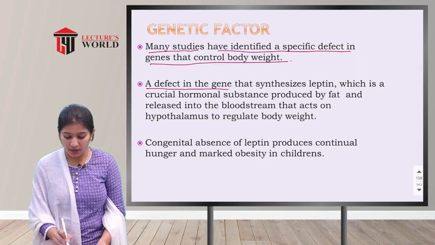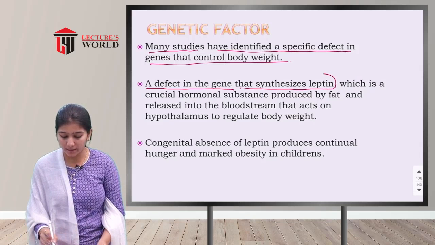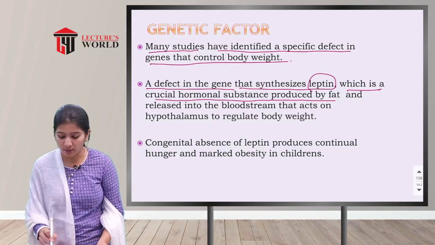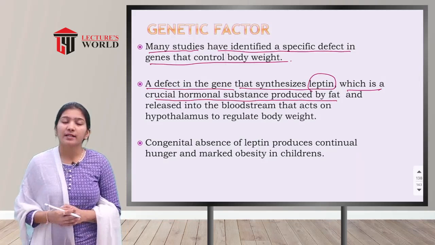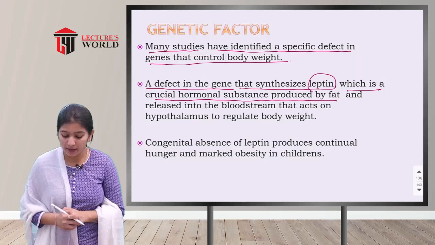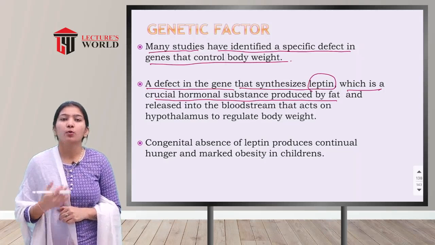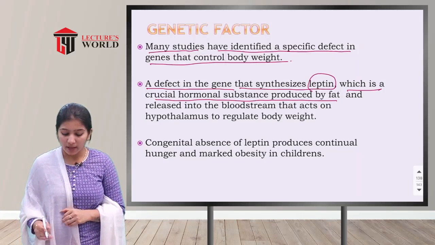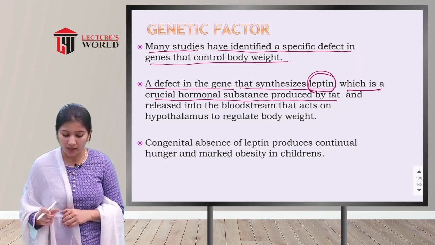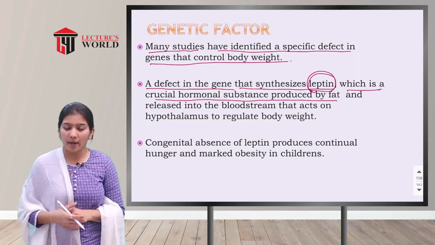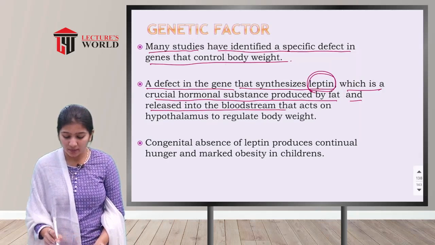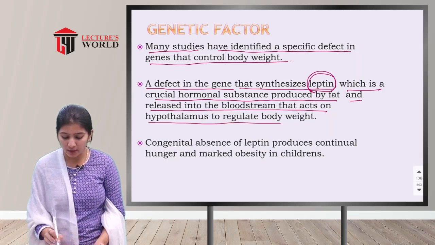A defect in a gene that synthesizes leptin, which is a crucial hormonal substance produced by fat. Okay, if you have genetic abnormalities, you will put on body weight, and it occurs because of the synthesis of leptin. Leptin is a substance produced by fat and released into the bloodstream that acts on the hypothalamus to regulate body weight.